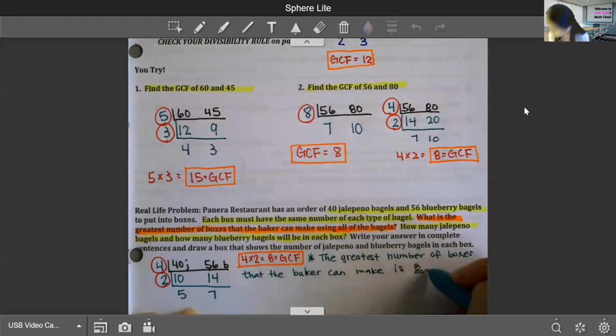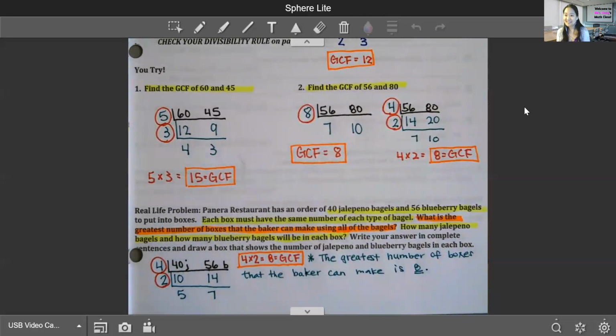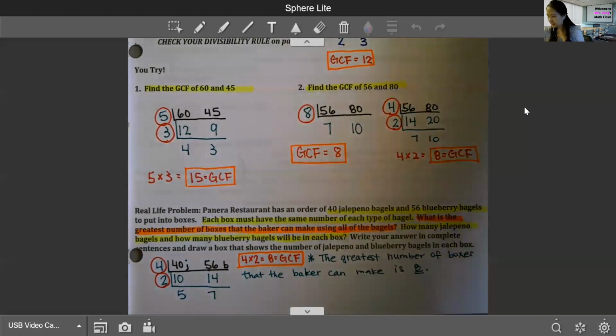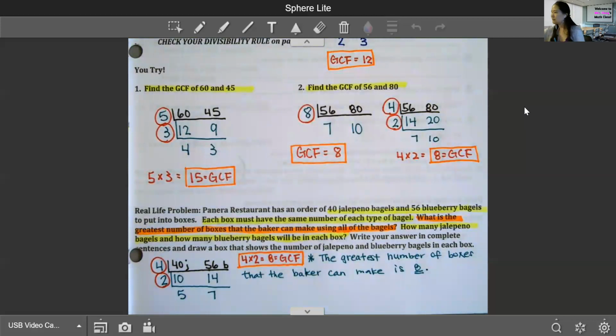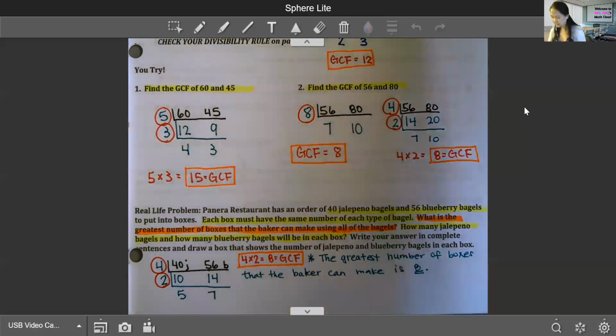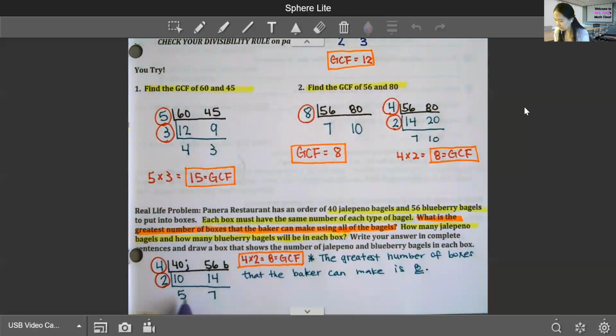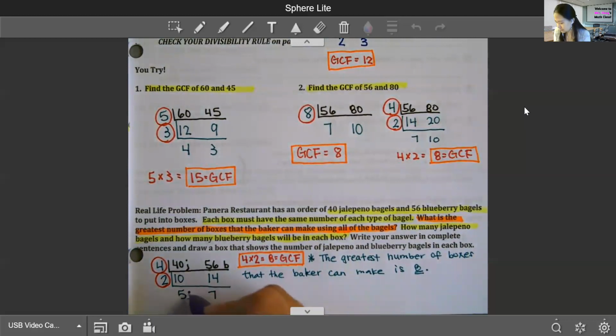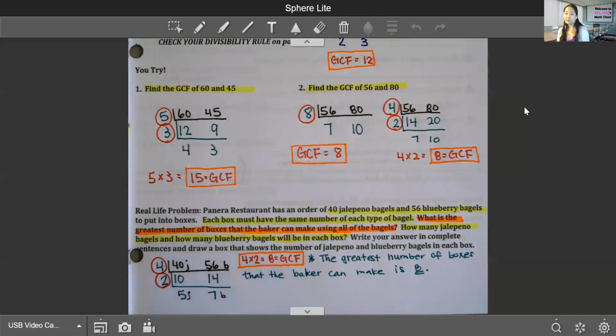8. Now I'm going to answer the second question. How many jalapeno bagels and how many blueberry bagels? Now take a look here. You see how you had those leftover numbers? You got 5 and 7, right? Well, you know what that means? That means each box is going to have 5 jalapeno bagels and 7 blueberry bagels.